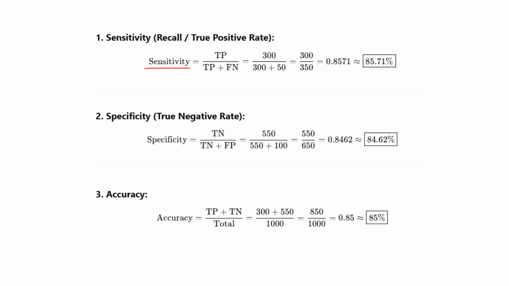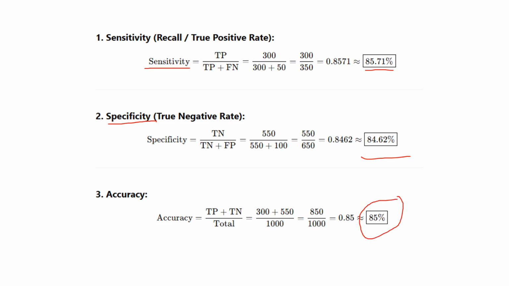You can easily solve it and get 85.71% sensitivity. For specificity, the formula is true negative divided by true negative plus false positive, which is 84%. So 84% specificity, and our accuracy is again 85%.